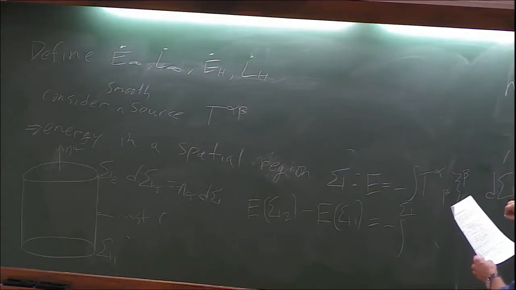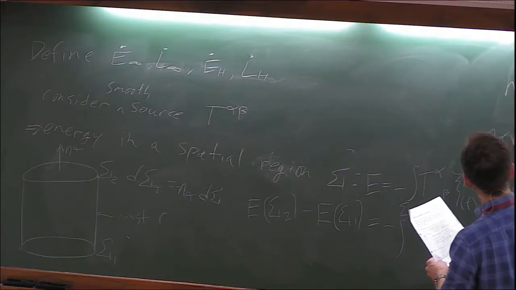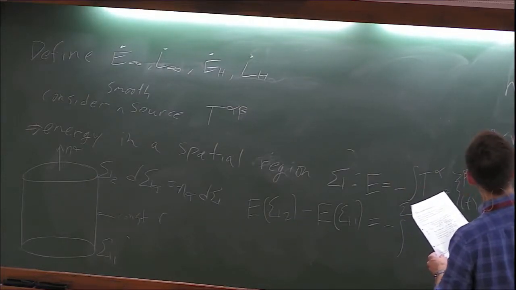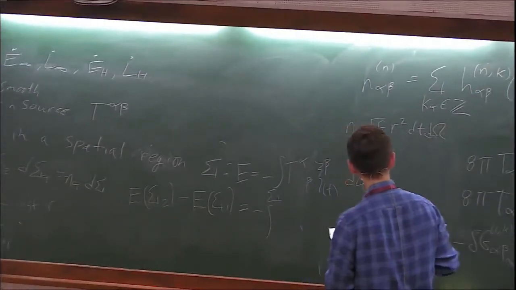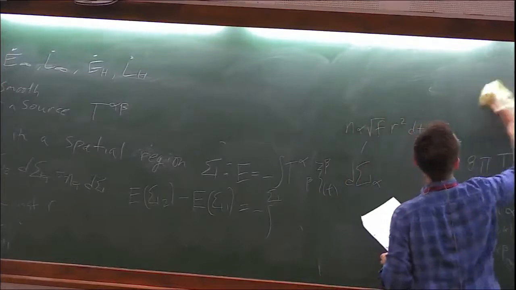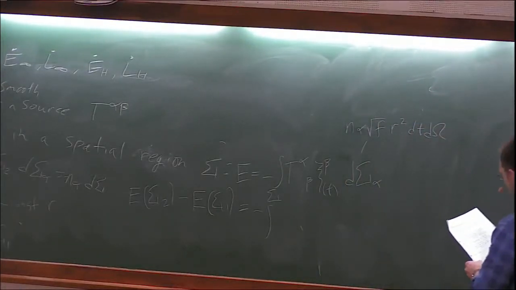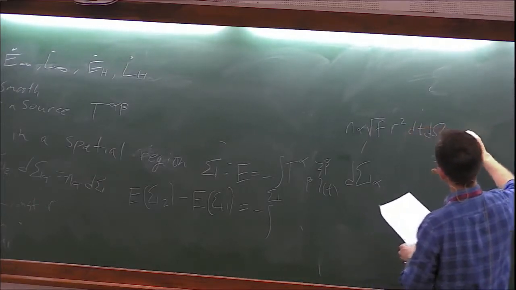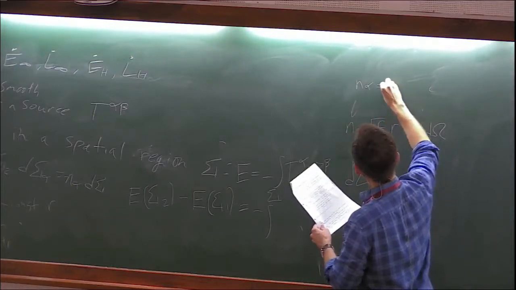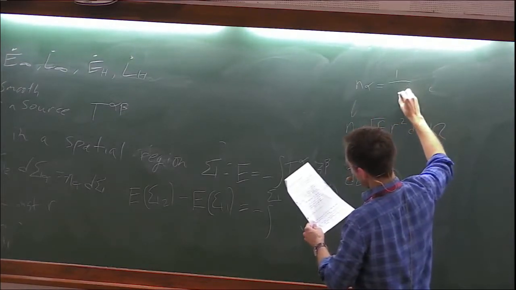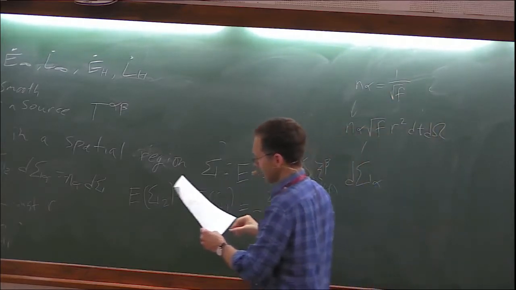Let me write this a bit more explicitly. This surface element, you write as n alpha square root of f r squared dt d omega. And this n alpha, the unit normal, is 1 over square root of f.